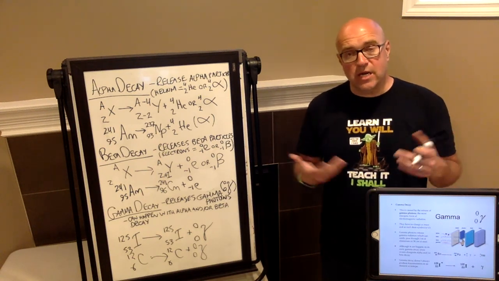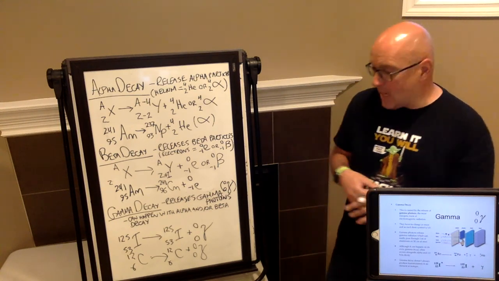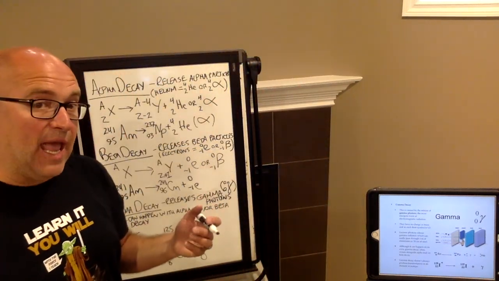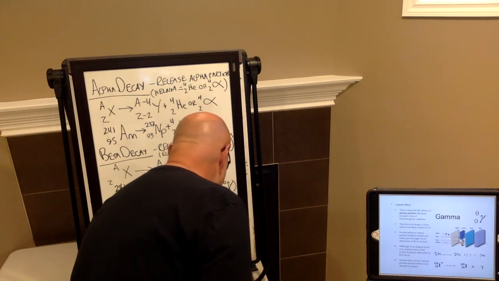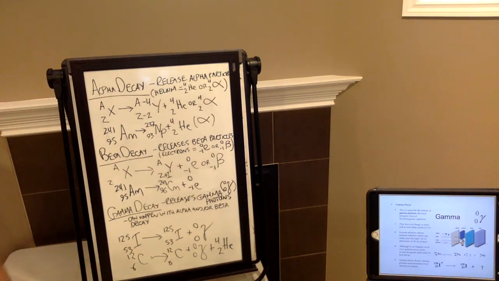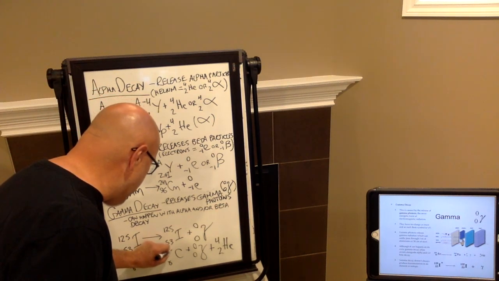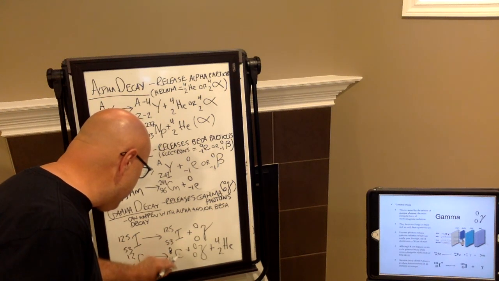If I were to say, hey, carbon 12 undergoes a gamma decay plus an alpha decay, well, then that's going to change things. Now I would have to add an alpha particle, which would be my 4,2 helium. Now I've got to change my numbers up a bit. Now I've got 8 here that has to balance out the equation. I've got a 4 here that has to balance out the equation.